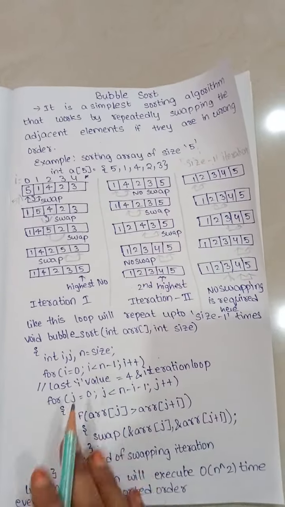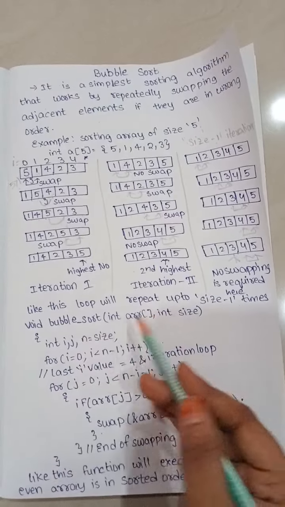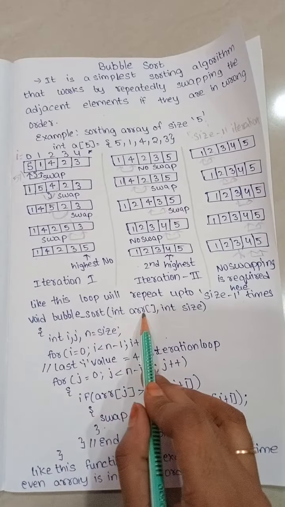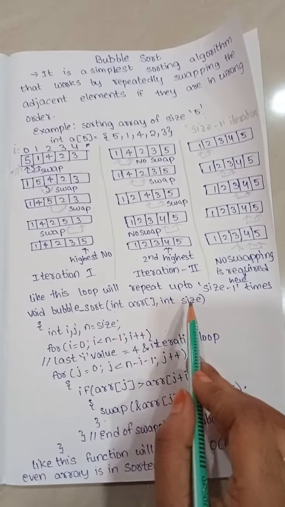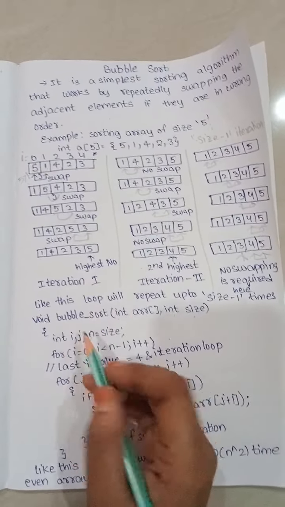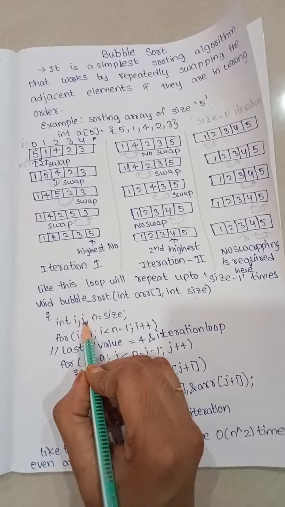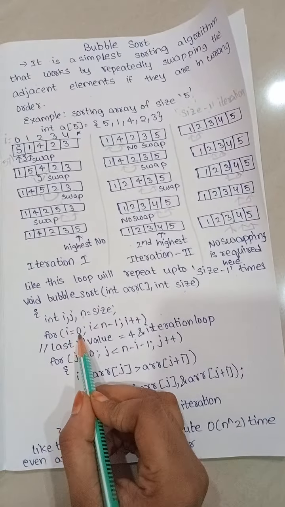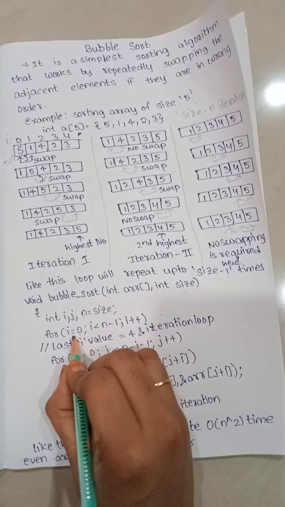I am taking a code for bubble sort. Here I am declaring an array and I am assigning a size value to n. I am taking two variables i and j for this array. For i equal to 0, to tell the iteration I am using i.